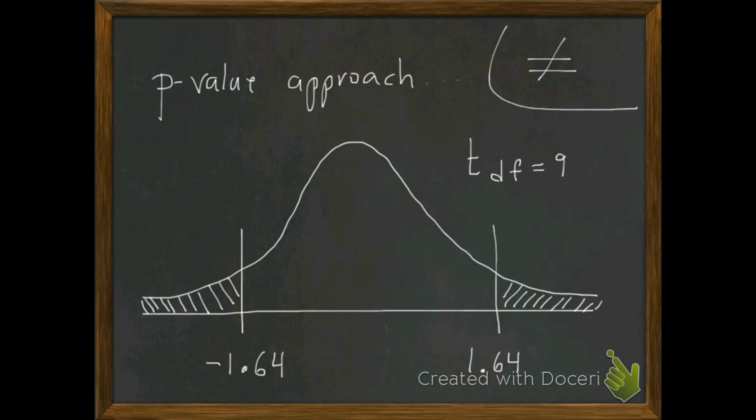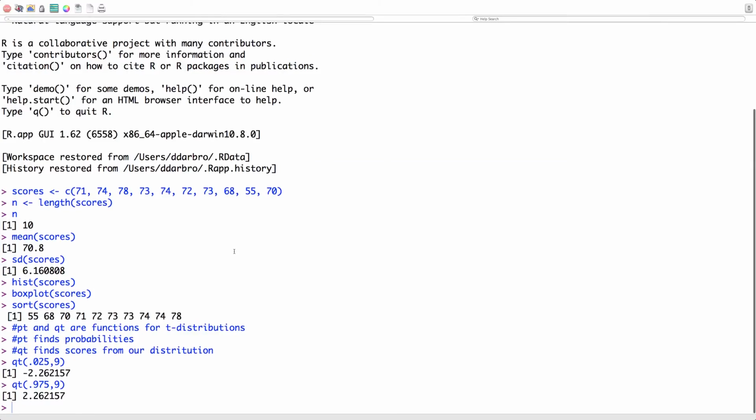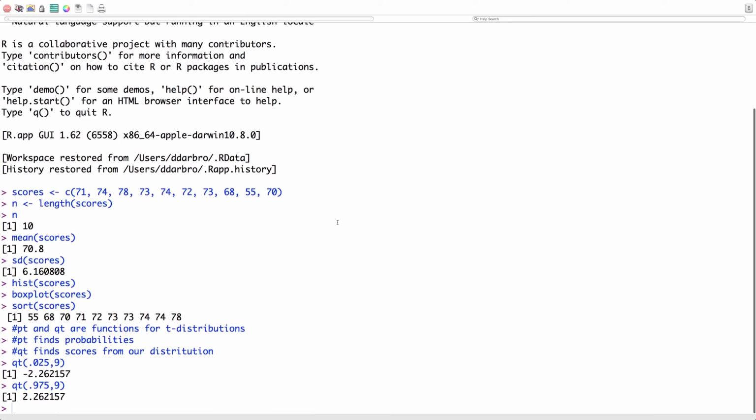So what we need to do is find the area in those tails, and it turns out with R it's very easy to do. So for the area in the tail, we're going to use the PT function.